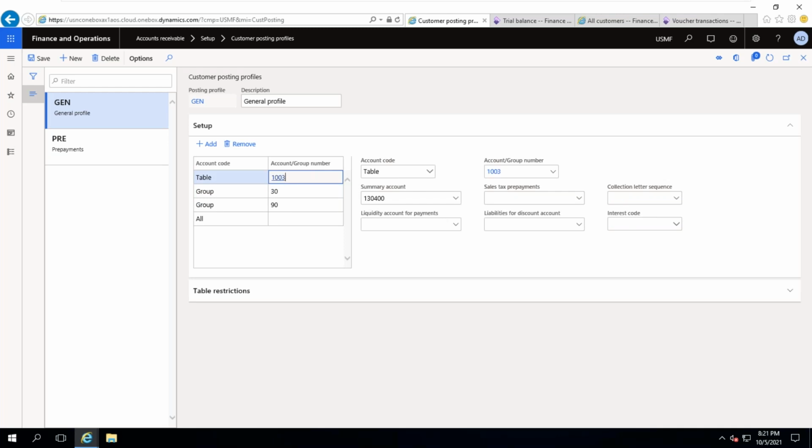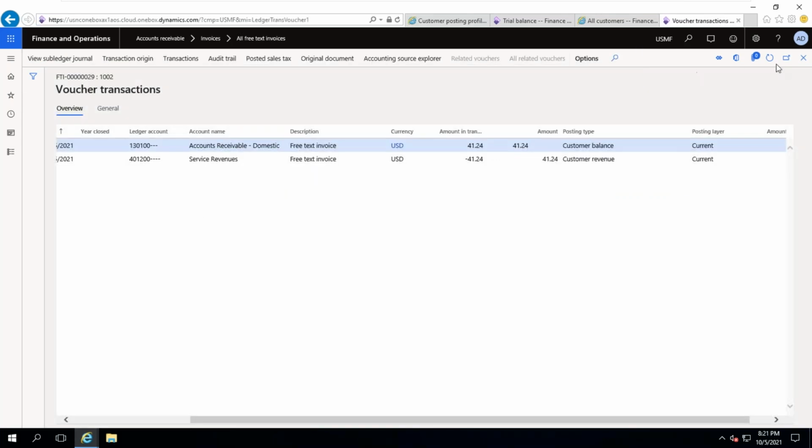Understood? Yes. Now let me do one transaction quickly and show you how it is posting.